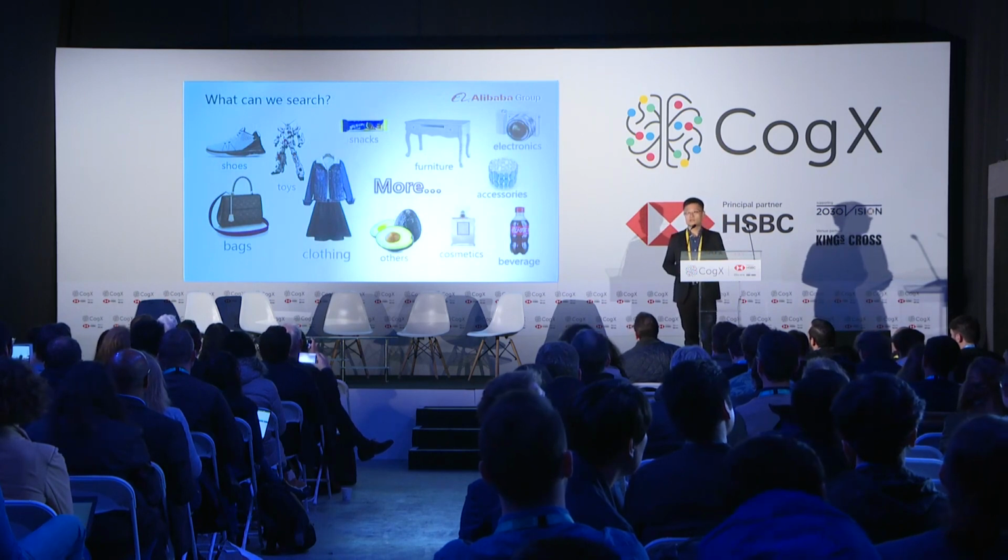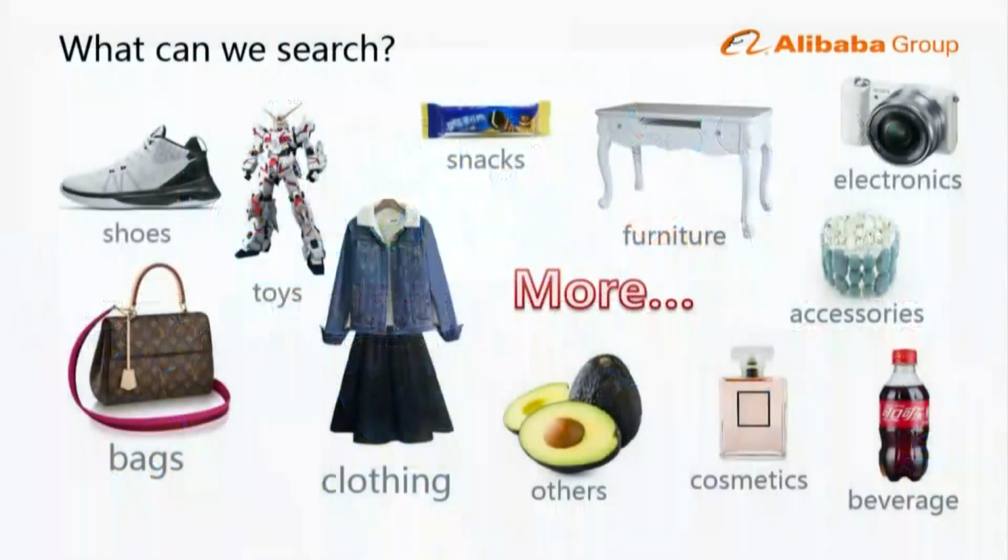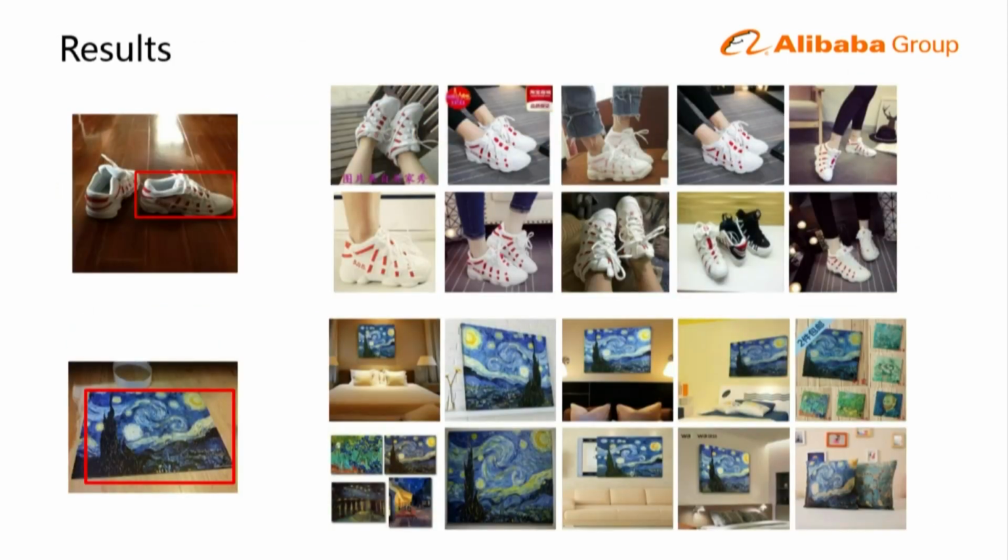So the service covers almost all the products we have, ranging from clothing, toys, furniture, accessories, cosmetics, etc. The following are several sample images of our service. The red bounding box is the automatic detection result of our algorithm.